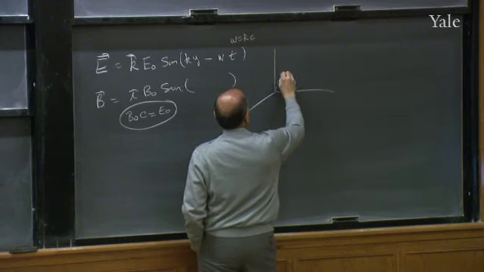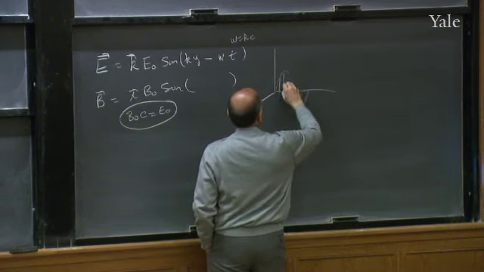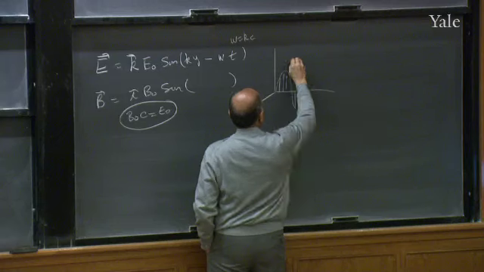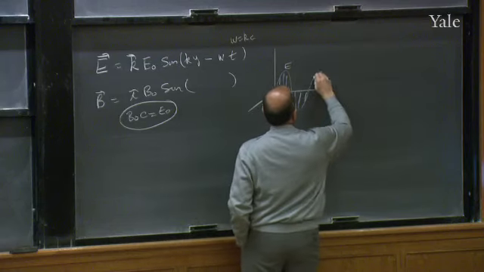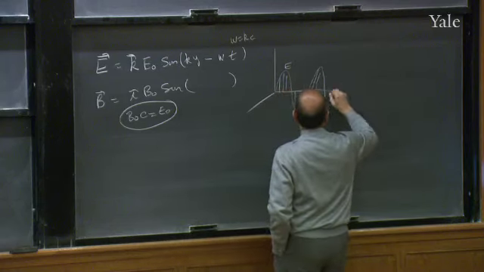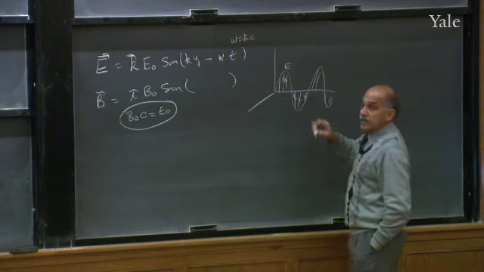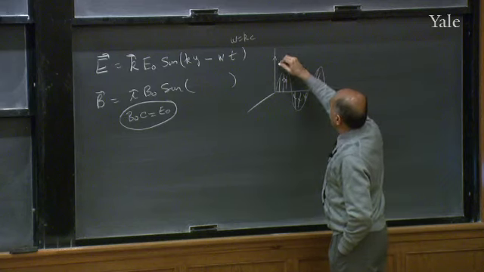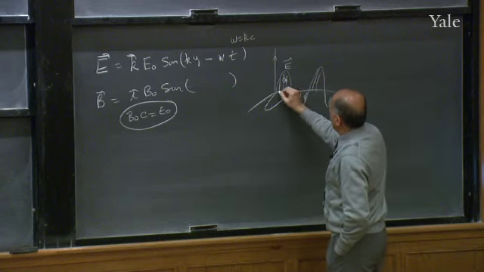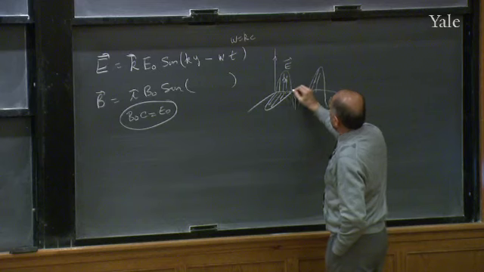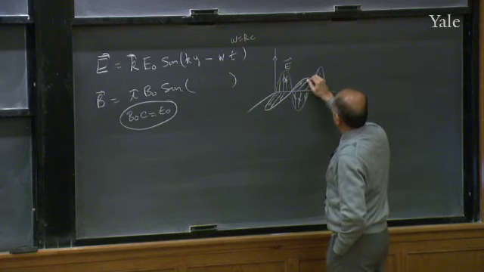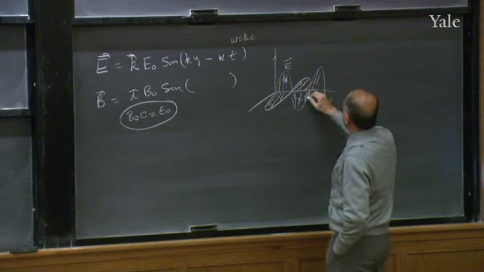One guy, the electric field, is always living in this plane. This is the E field. At one instant, if you take a snapshot, that's what it'll be doing. Going up there, coming down here, going up there. That's E. The B field looks like this. Lies horizontal here, goes like that, and comes out.